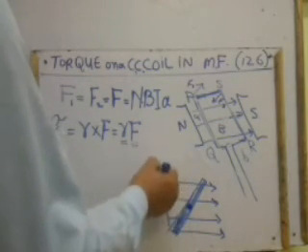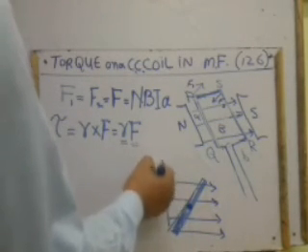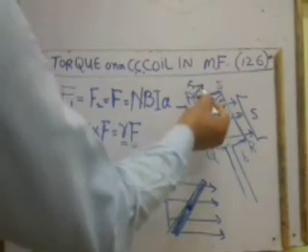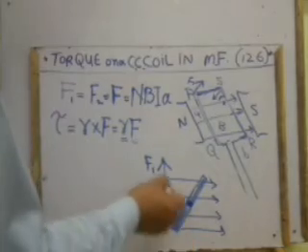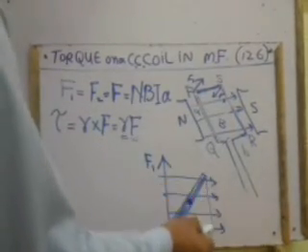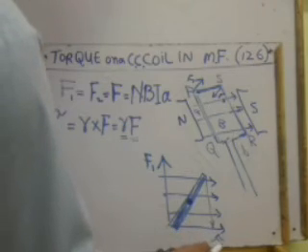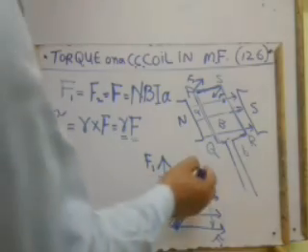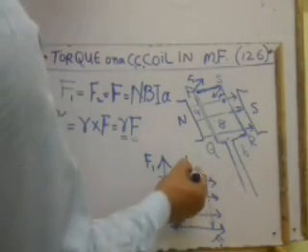Force F1 is acting in one direction. This force is shown in a top view like this, and this force F2 is shown in the top view like this, F2. So, as we know, this is the length B.